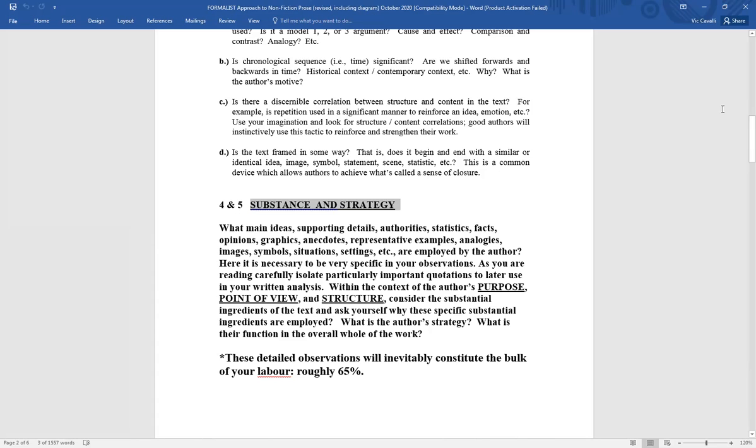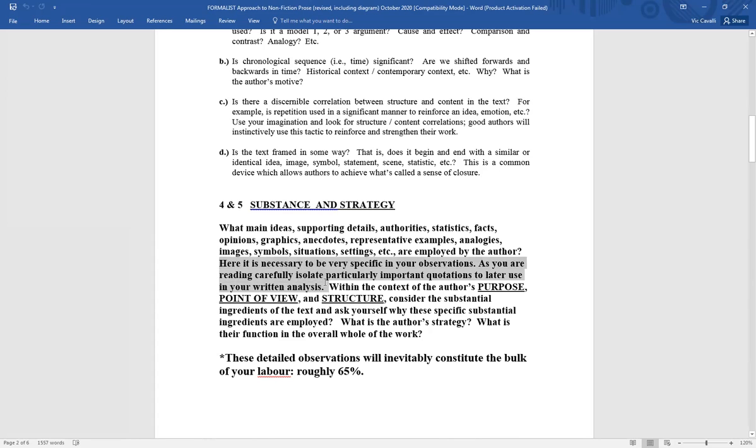The same thing here, as you can see it as it's written here. What main ideas, what supporting details, what authorities, statistics, facts, opinions, representative examples, images, etc., are employed by the author? Think of that for Hillary Rosen. What examples does she give us? Now, this is really the key here. Here it's necessary to be very specific in your observations.